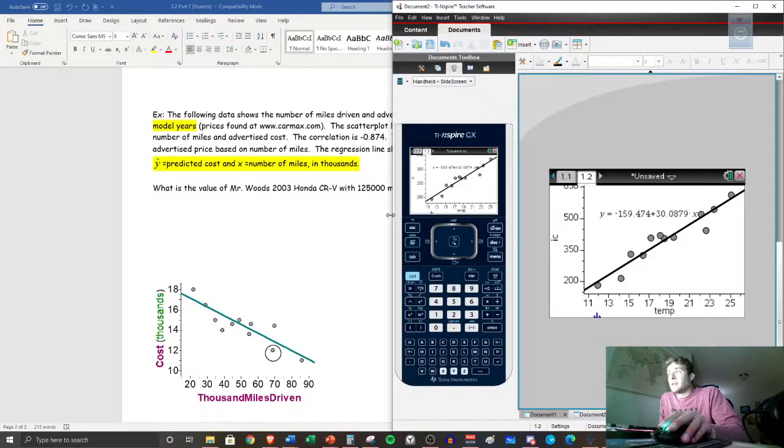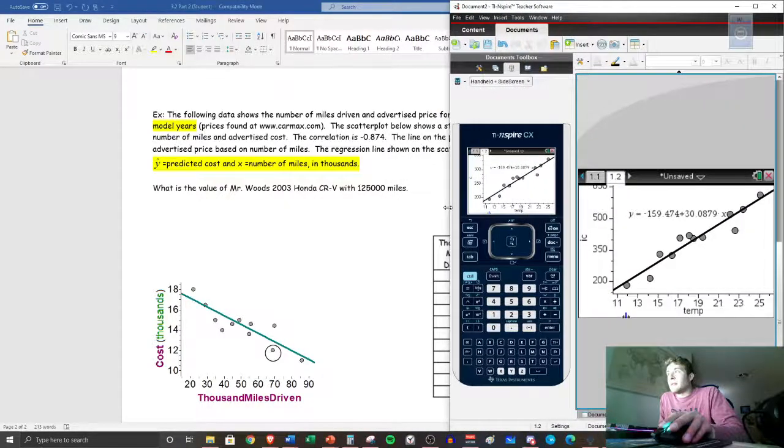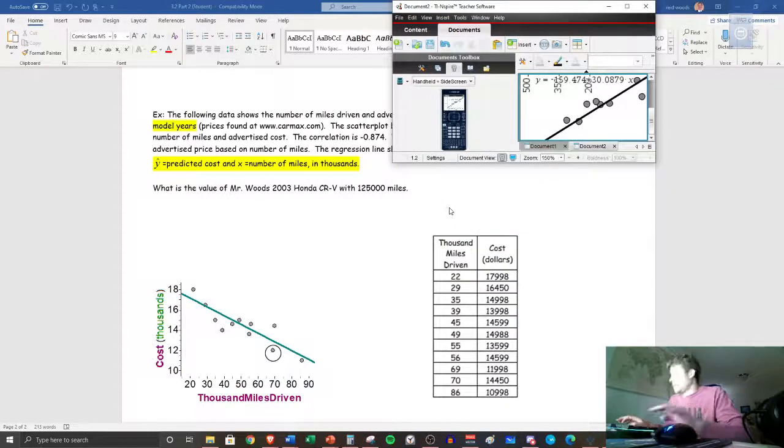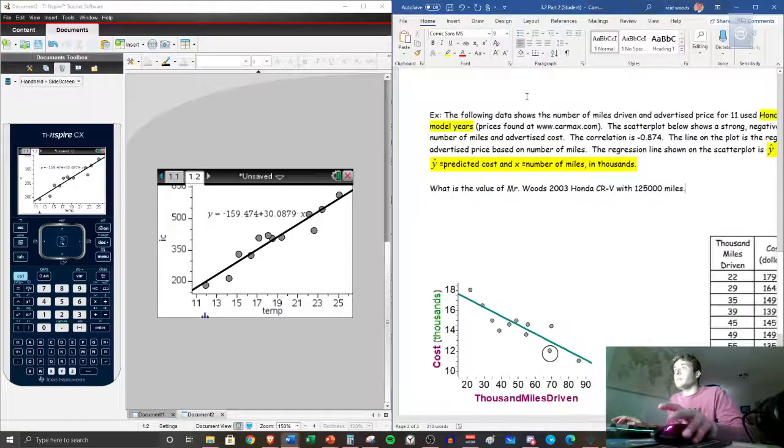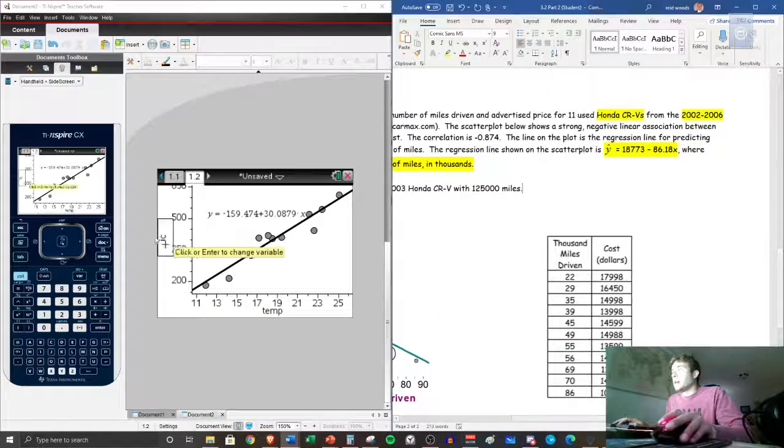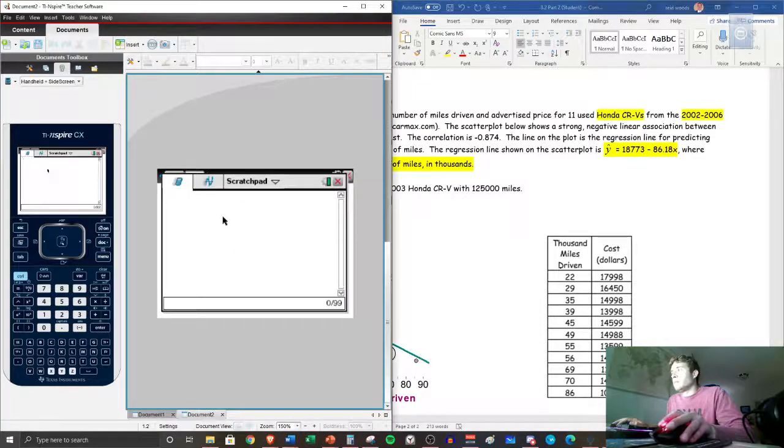So we're going to type in our formula here. So let me just use this little scratch pad calculator. So it's 18773 minus 86.18 times, and let's put 125,000 miles in there.